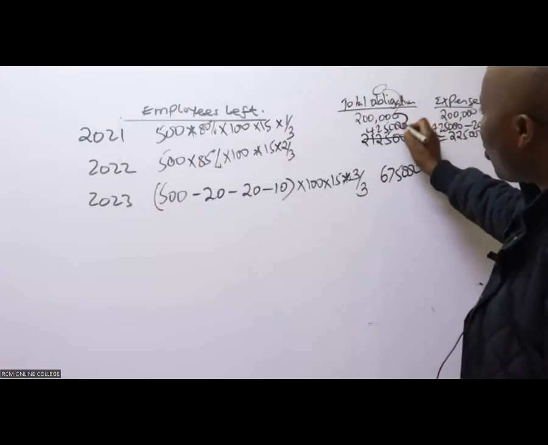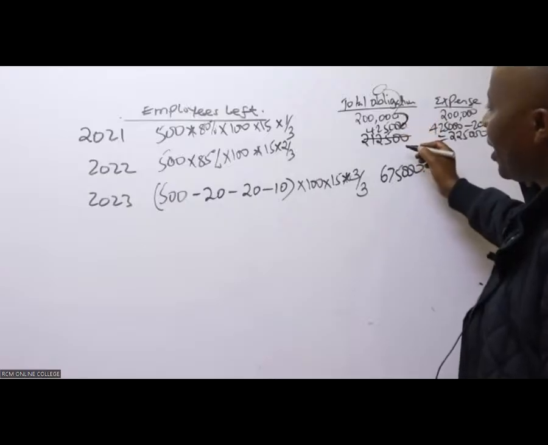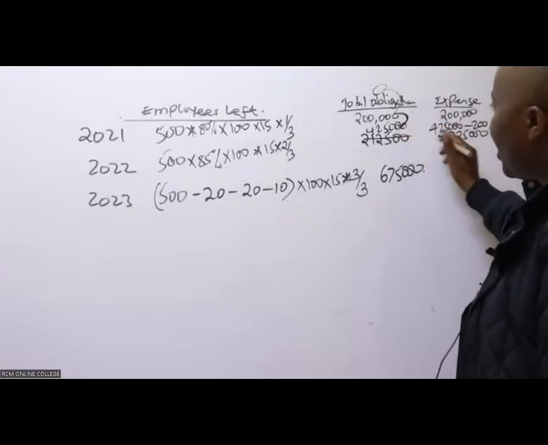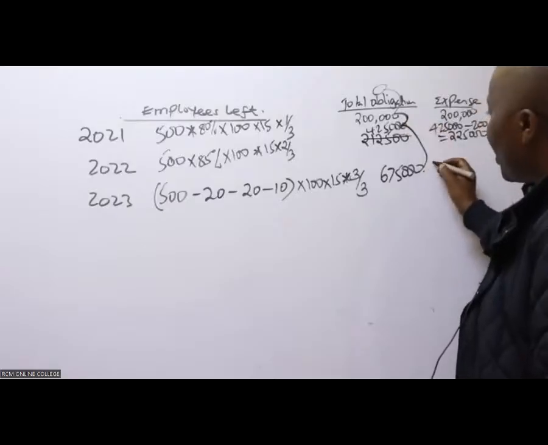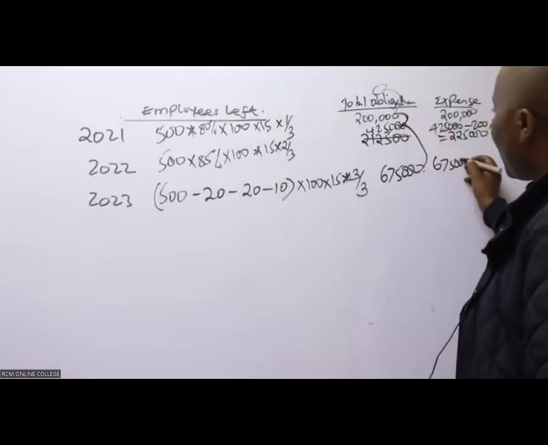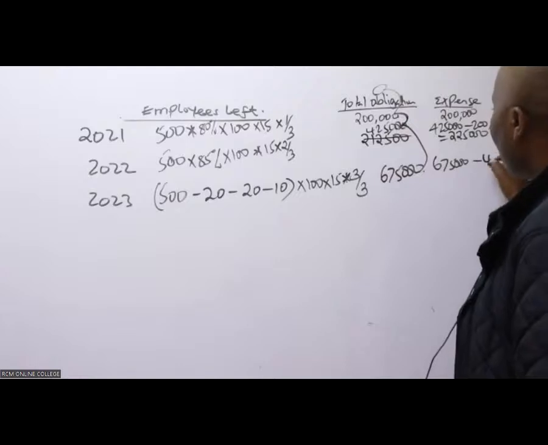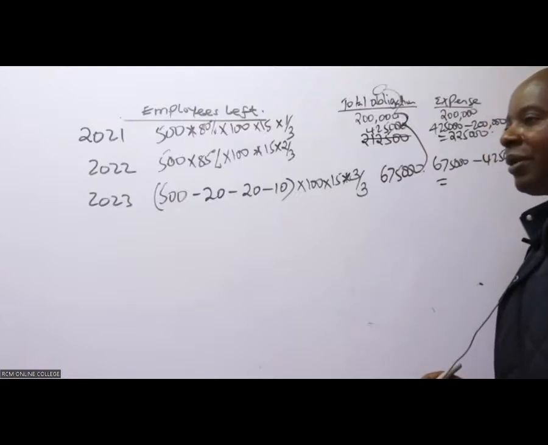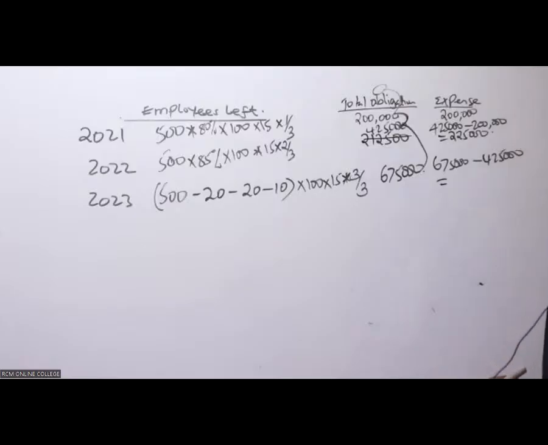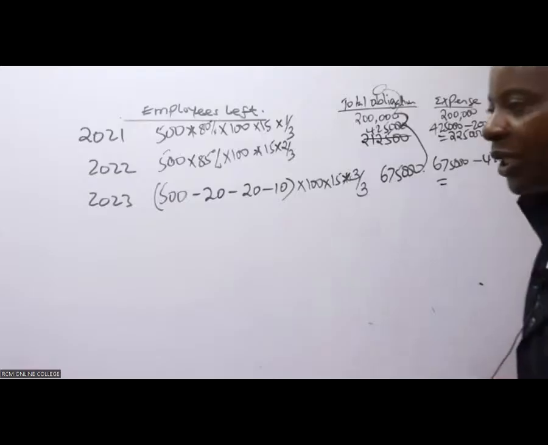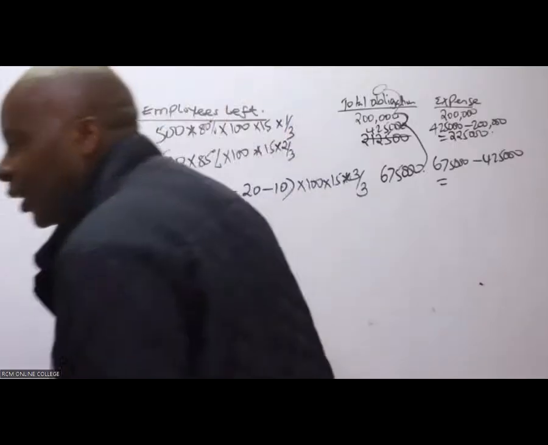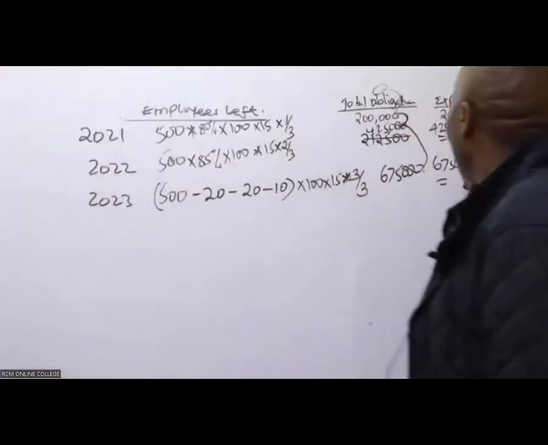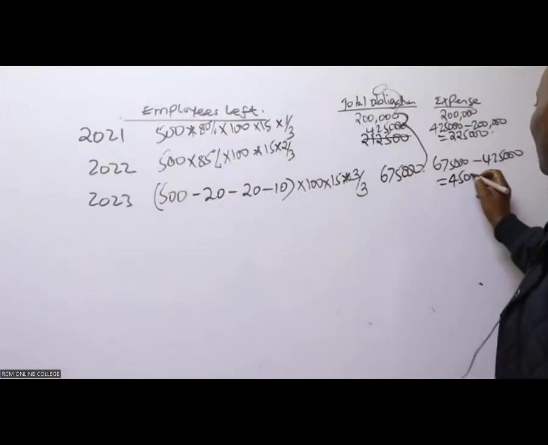The second year you recognize this difference. The third year you recognize 675,000 minus 425,000, which gives me 250,000.